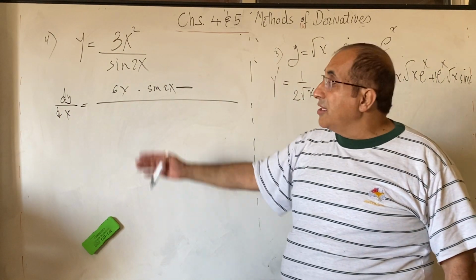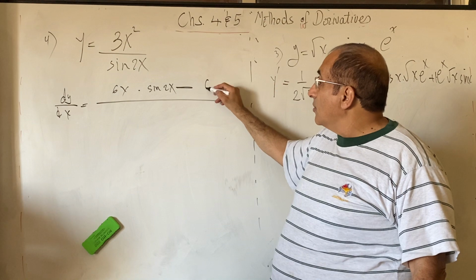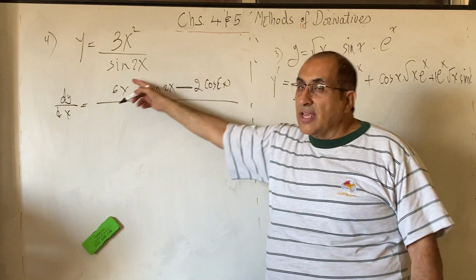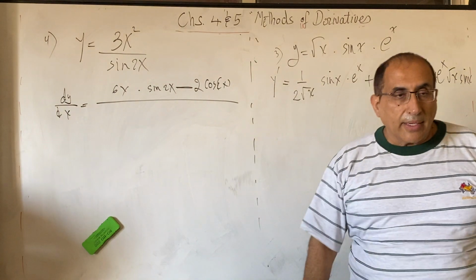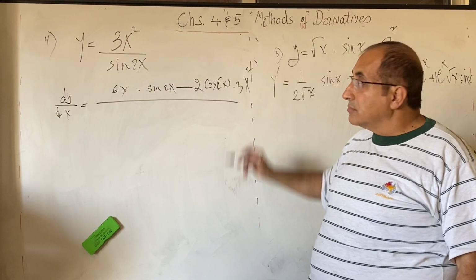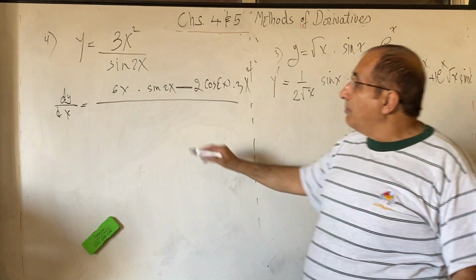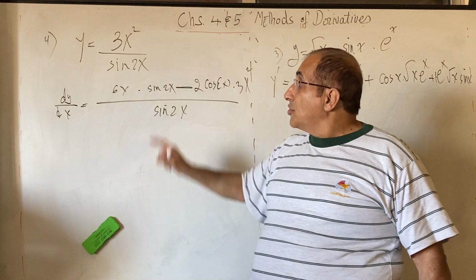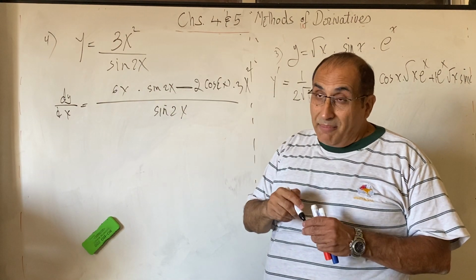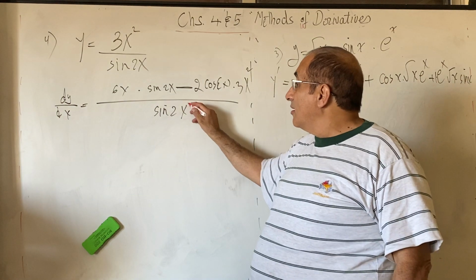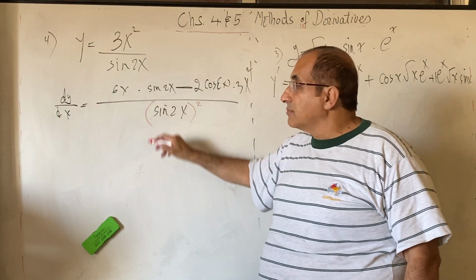Derivative of the denominator or the second, cosine 2x, and the derivative of the angle is 2 because the derivative of sine is cosine, times the top or the first. And all divided by whatever the denominator was, it will stay. But remember something you will forget: the denominator must be squared.